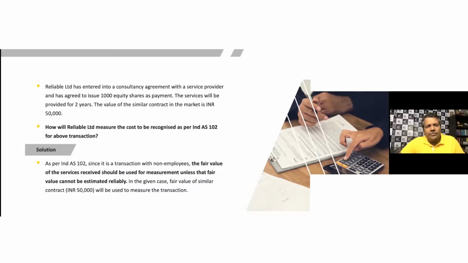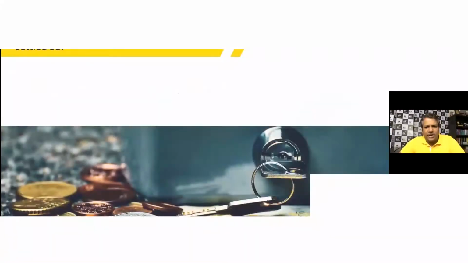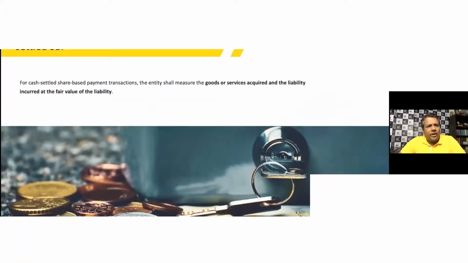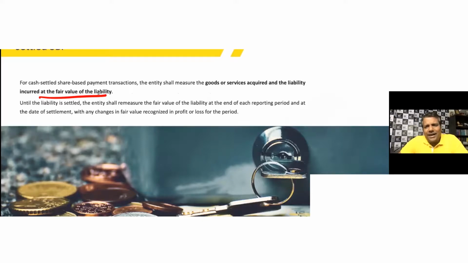Okay. Now, fair value of goods and services under the cash settled share-based payment arrangement. That in a way exposes the company to a lot of variability, right? Because if the share price keeps going up and down, your cost in a way keeps on going up and down from that perspective. So for cash settled share-based payment transactions, the entity shall measure the goods or services acquired and the liability incurred at the fair value of the liability, because the liability will keep on changing until the liability is settled, right?